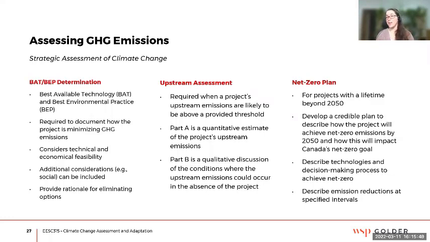So that, again, helps a reviewer at a federal level make an informed decision of not only what is the impact of your project itself, what other GHG emissions are they going to create because of your project, so the upstream, and then how are we going to mitigate that so we can still achieve Canada's goals, which is your net zero plan. So it's that starting from the very beginning to the end, how does this all work together?